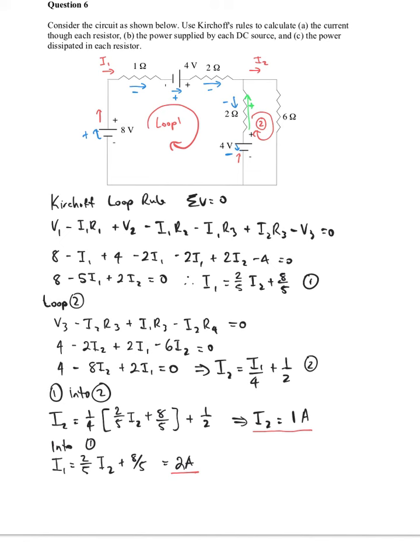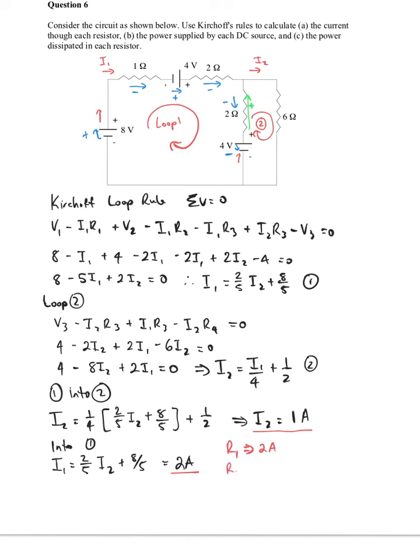Okay, so the current through them is, if we think about this carefully, 2 amps flowing through the first loop, and 1 amp flowing through the second loop. So therefore, the current through R1 is going to be 2 amps.